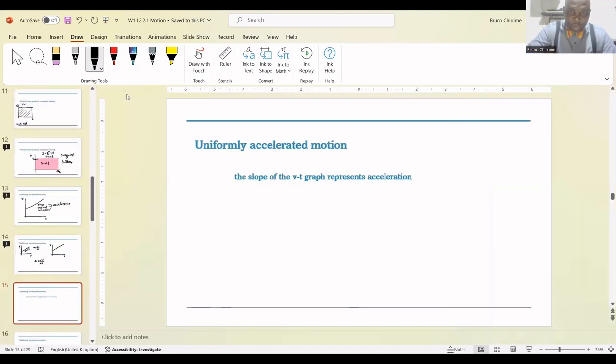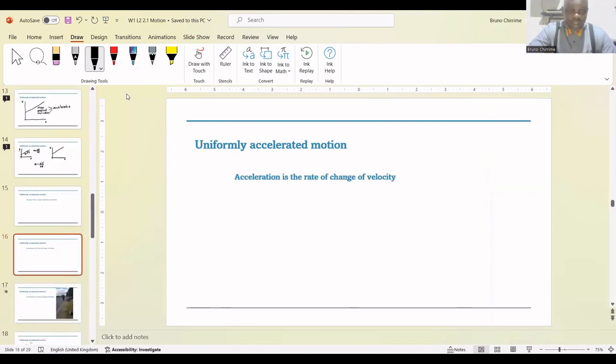For example, if I was moving at 3 meters per second and then 3 minutes later I was moving at 4 meters per second, and then 6 minutes later I was moving at 5 meters per second, 9 minutes later I was moving at 6 meters per second. So you can see there's a relation. Every 3 minutes I up my velocity a notch, I increase my velocity by 1. So that is what acceleration is. Of course, the same can be applied if I'm decelerating, I'm reducing my velocity. So the rate of change, how fast do you change your velocity?